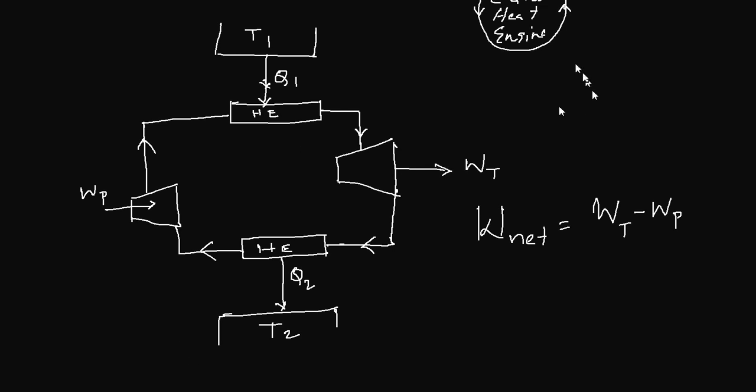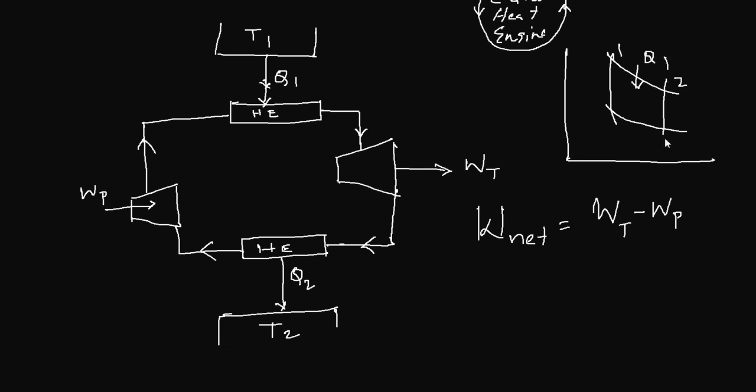If you remember the last diagram that I showed, you have processes like this: 1 to 2 your heat input, 2 to 3 your work output, 3 to 4 your heat rejection, and 4 to 1 your pump work.